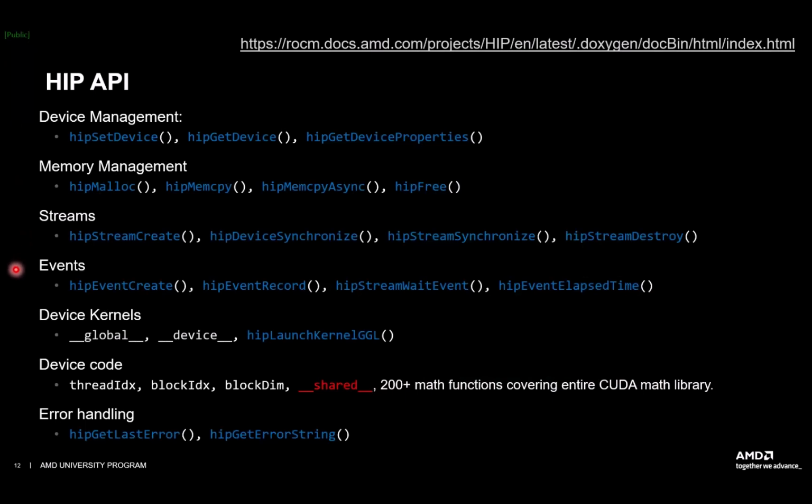Events, which you can drop into the streams to be able to do things like timing your code or synchronizations. Then you have your device kernel launches as well as device code and error handling. So if you're a CUDA programmer, then looking at these probably all look very familiar. They just have HIP in them instead of CUDA.